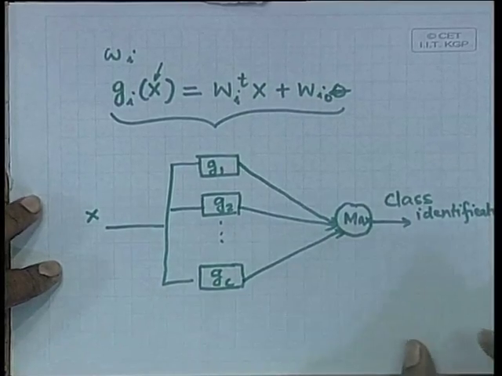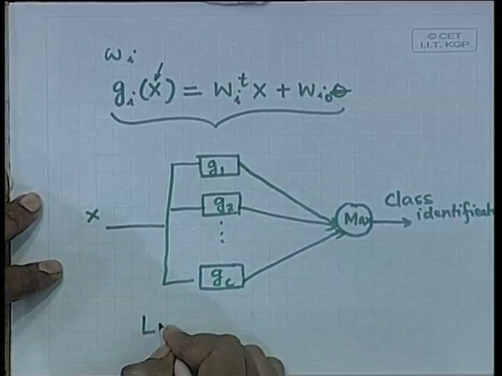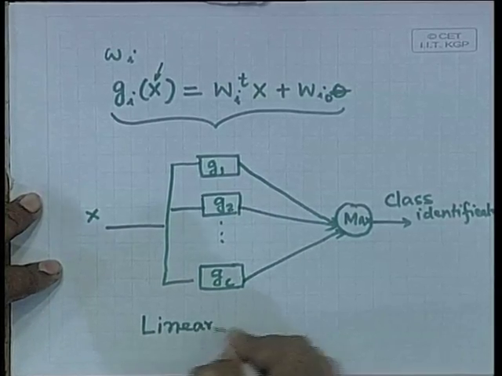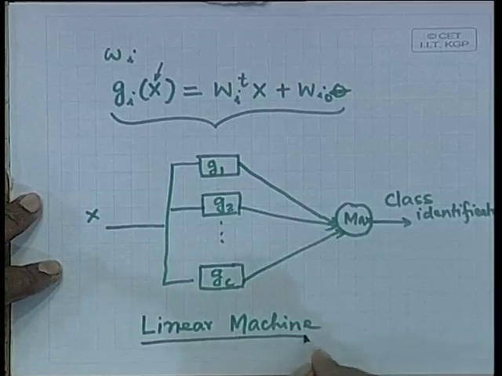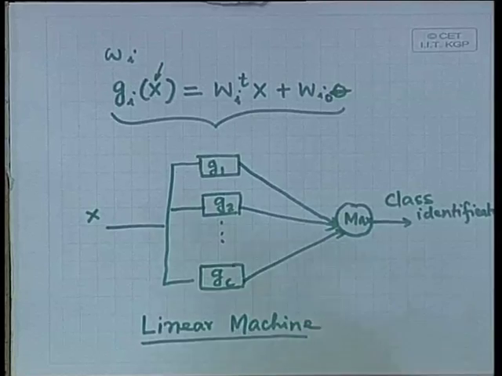Right. And this is what we have said, it is a linear machine. We have seen earlier that following the Bayes decision theory, if I know the parametric form of the probability density functions of the samples belonging to different classes, then following Bayes minimum error rate classification or minimum risk classification, we can obtain the classifiers or the discriminant functions for different classes.